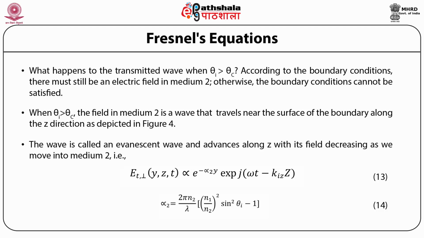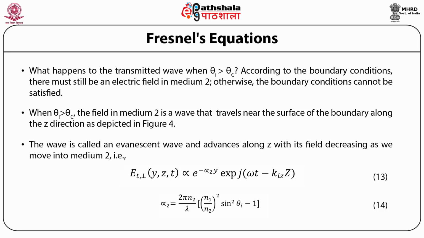The wave vector of the incident wave is along the z-axis, and alpha 2 is an attenuation coefficient for the electric field penetrating into medium 2, where alpha 2 is equal to 2 pi n2 by lambda into whole of n1 by n2 whole square into sin square theta i minus 1, where lambda is the free space wavelength.